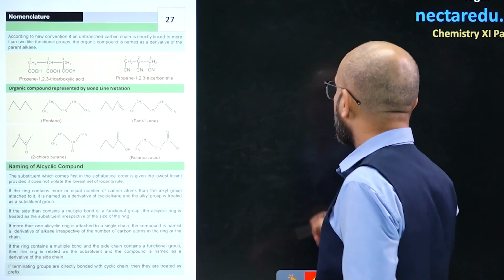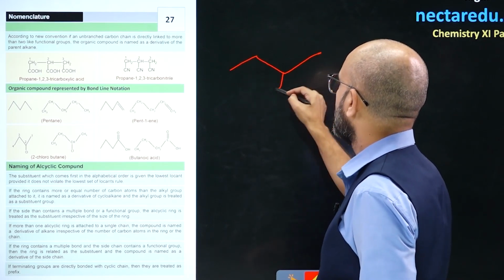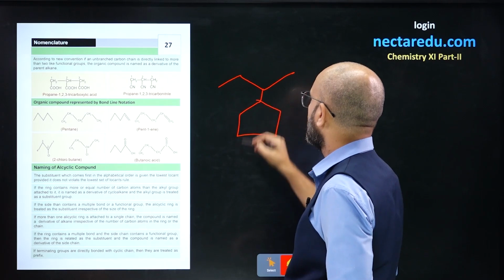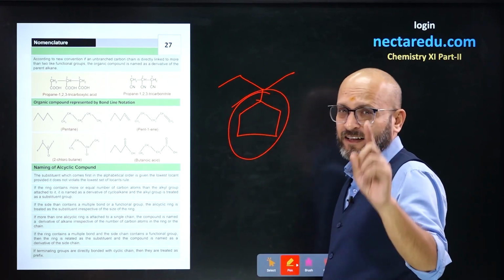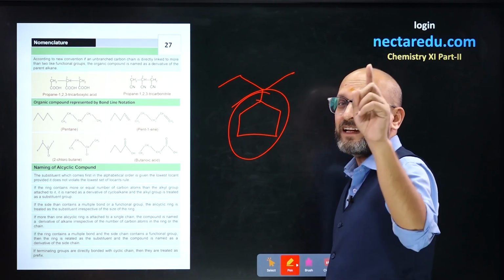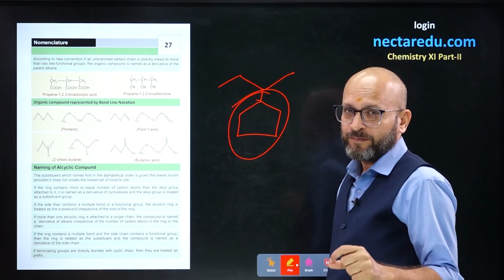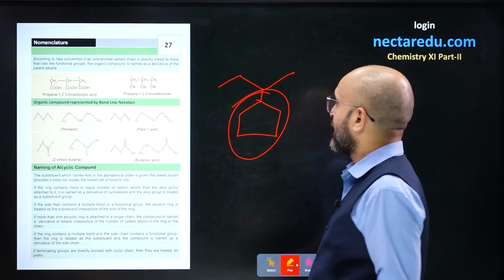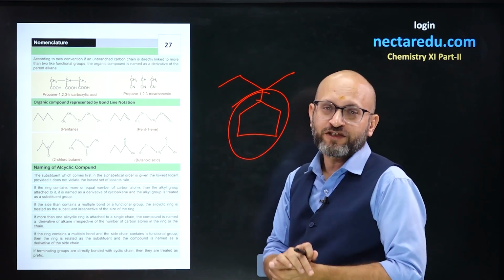Now, if we have something like this, the main chain is the ring when the number of carbons in the ring is more, or equal to the number of carbons in the open chain. So either a ring will be the main chain or the open chain is the main chain.